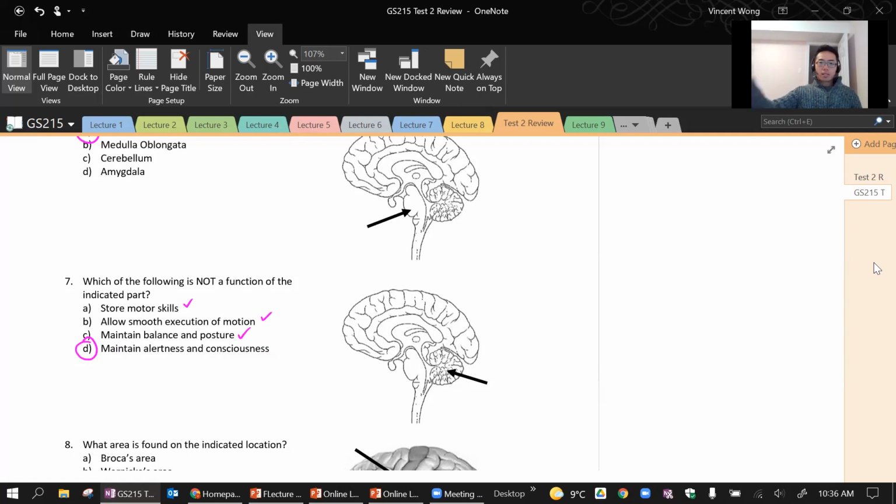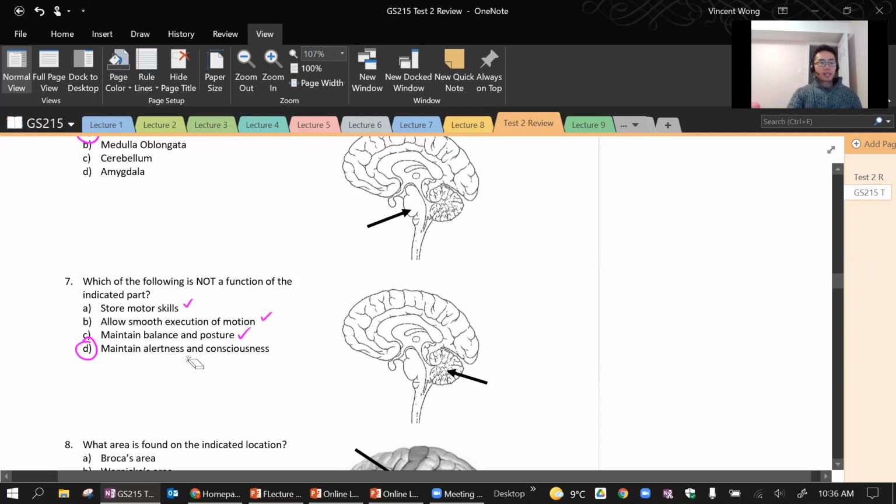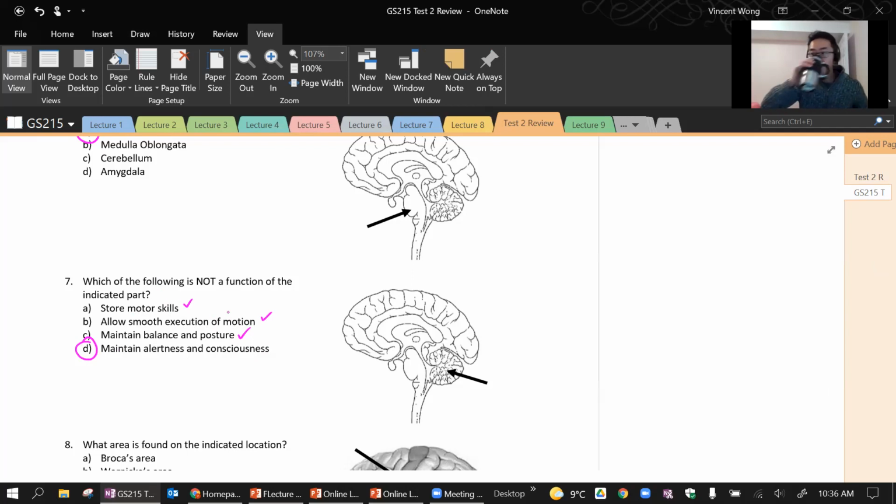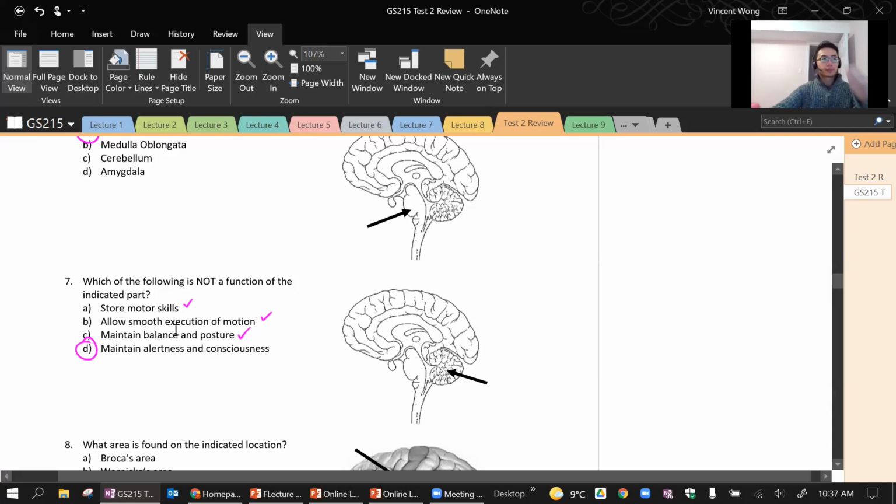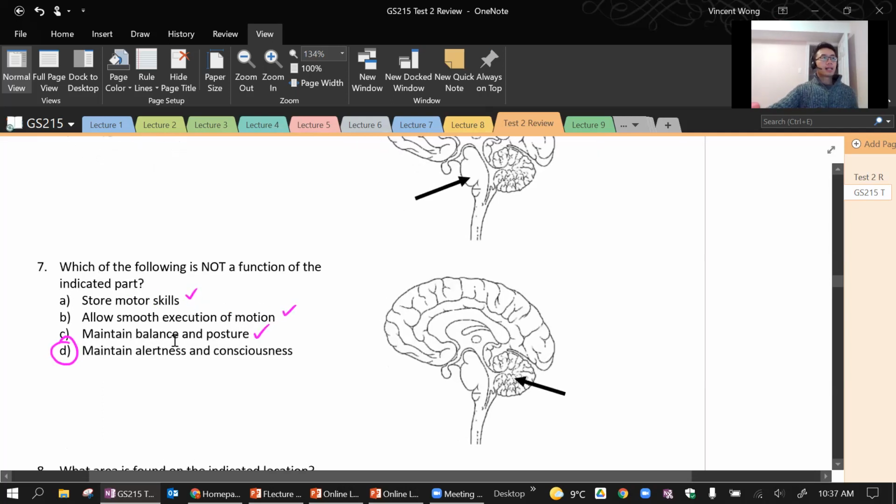What's the structure that does that? Can someone tell me, please? Are you alert now? Consciousness? What part of the brain does that? That is the reticular formation.